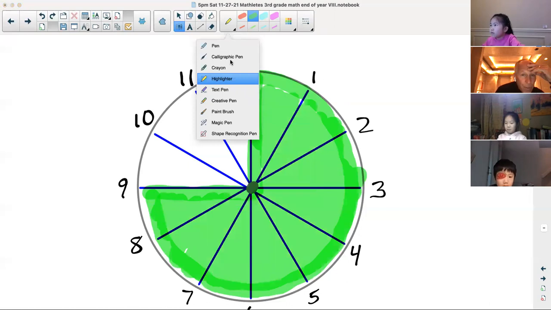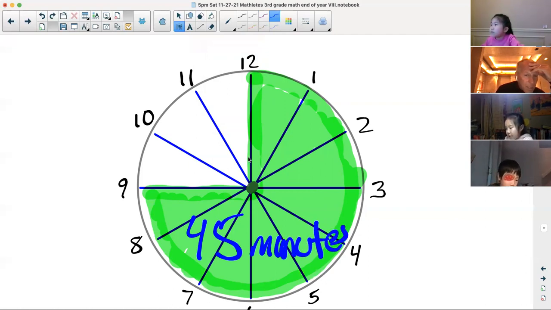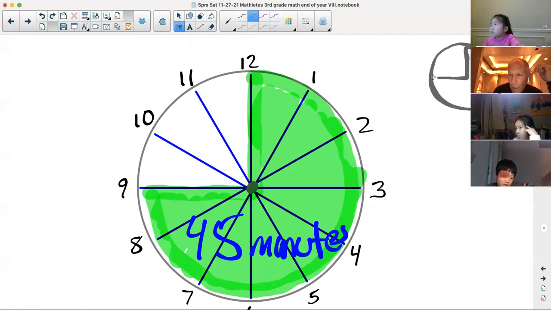So we know that this is 45 minutes. But this is what fraction of 1 hour? Come on, guys. What fraction is this? If I have a circle and I have a certain amount of that circle colored in. 3/4.